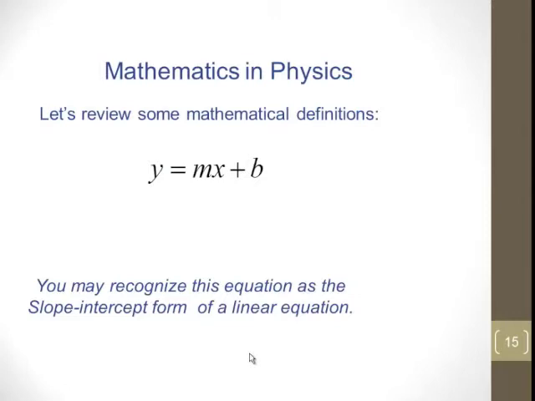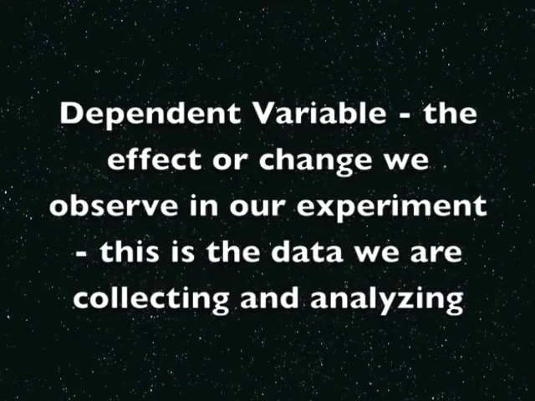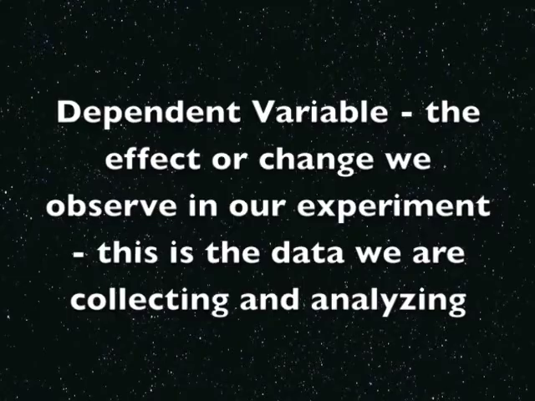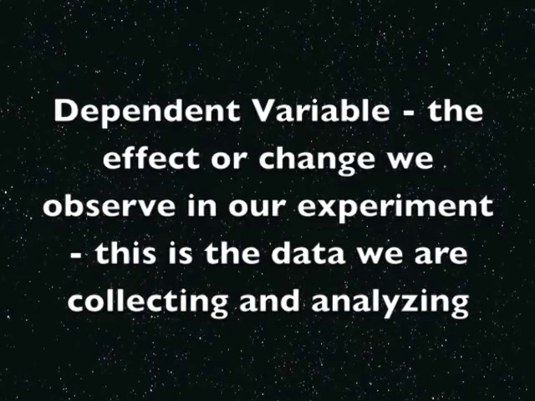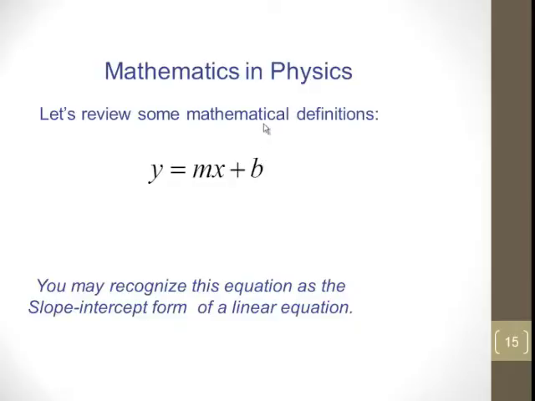So let's start with something very easy. You might recognize this as the slope-intercept form of a linear equation, where y is going to be our dependent variable, and x is going to be our independent variable, the one that we manipulate.